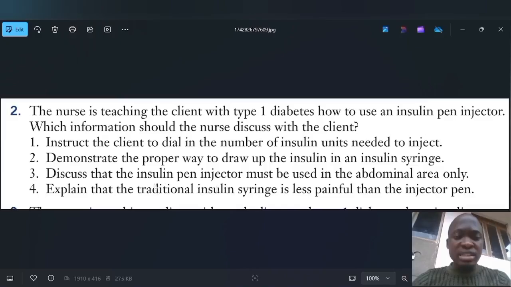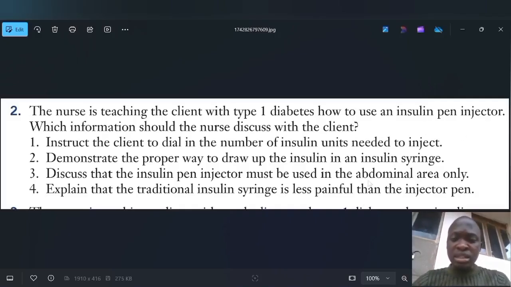Number 3, discuss that the insulin pen injector must be used in the abdominal area only. Guys, what did I say about any answers that have only? In most cases, it's going to be the wrong answer. Moreover, the most common way is the subcutaneous fat in the abdomen, but you can even use other areas, for instance the outer thigh, in addition to the abdominal area.